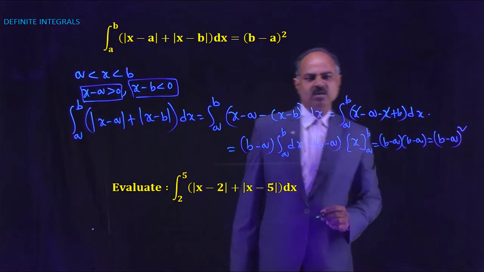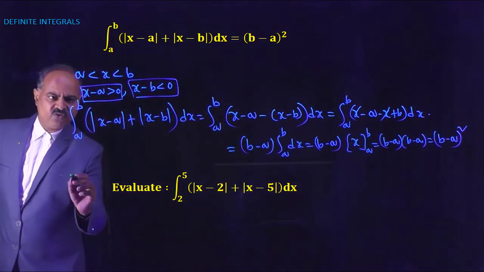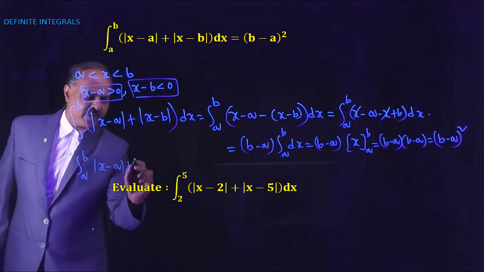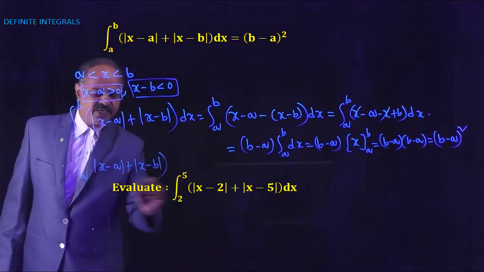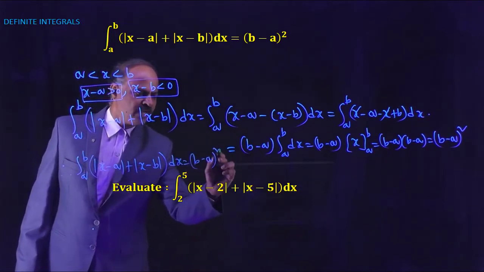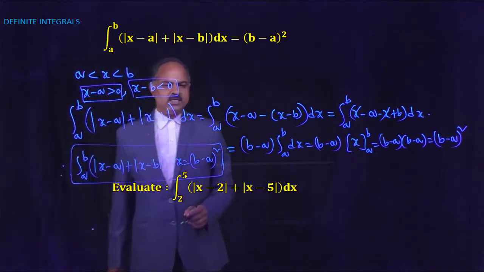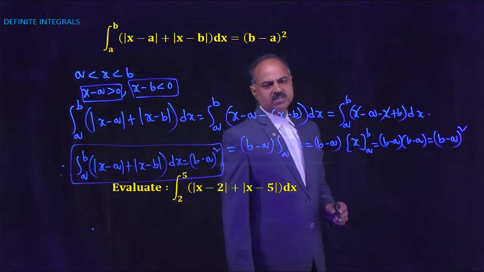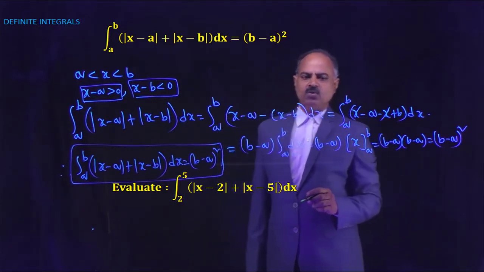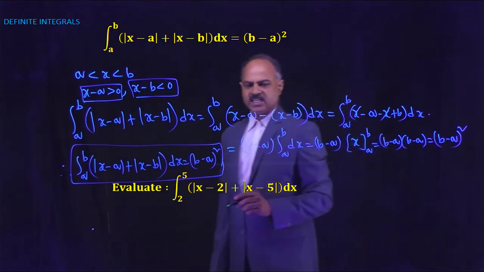Therefore integral a to b modulus of x minus a plus modulus of x minus b dx equal to (b minus a) whole square. Next, suppose for example integral 2 to 5 modulus of x minus 2 plus modulus of x minus 5 dx.